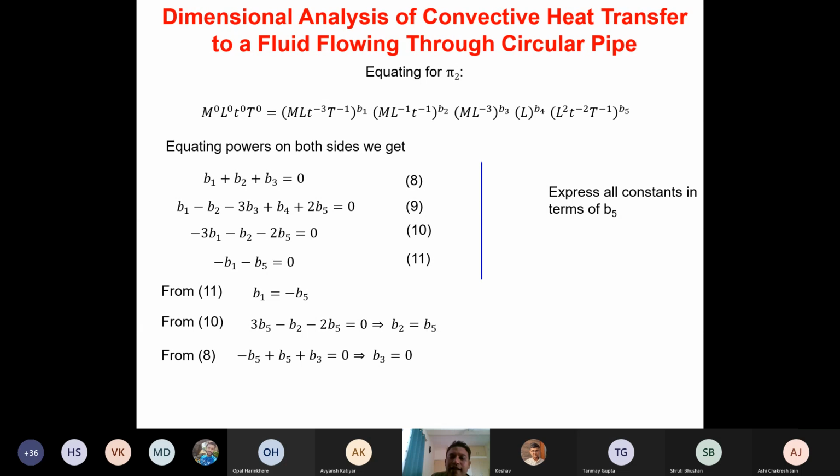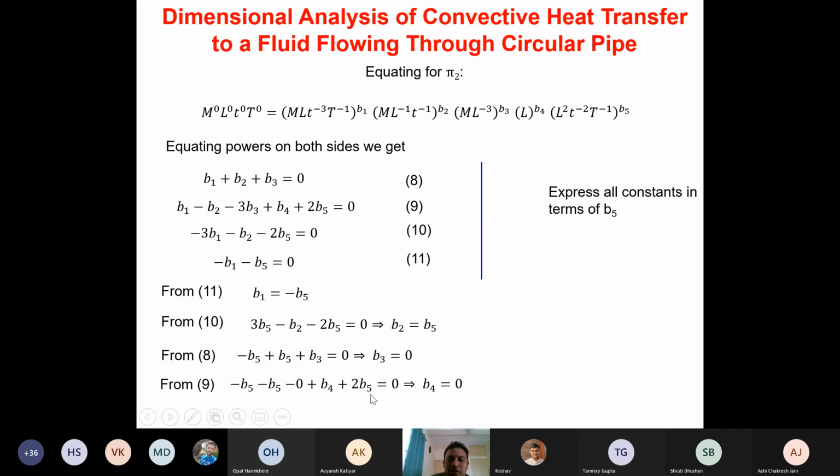So from equations 8, 9, 10 and 11, from 11 we can directly obtain B1 equals minus B5. Similarly from 10, if you put B1 equals minus B5 in this, we get B2 equals B5. B1 and B2 we can put in equation number 8 and we can obtain B3 equals 0.